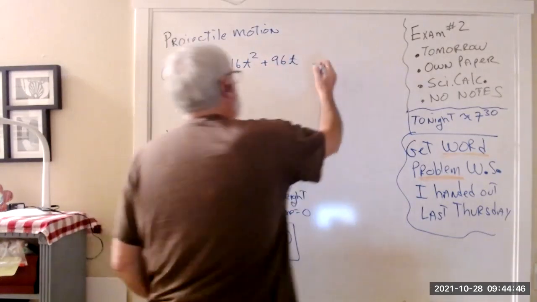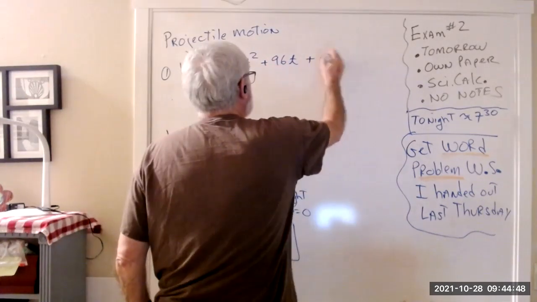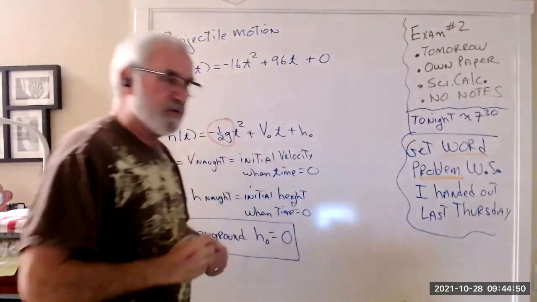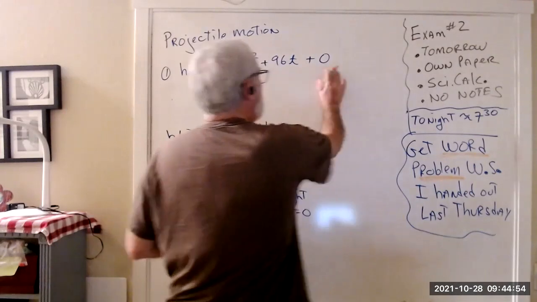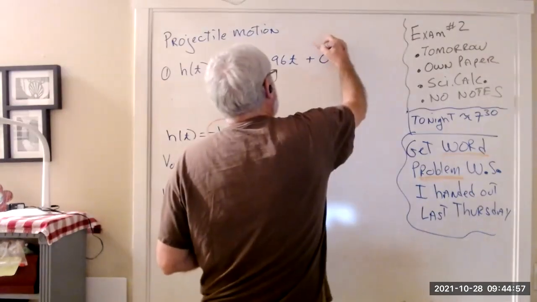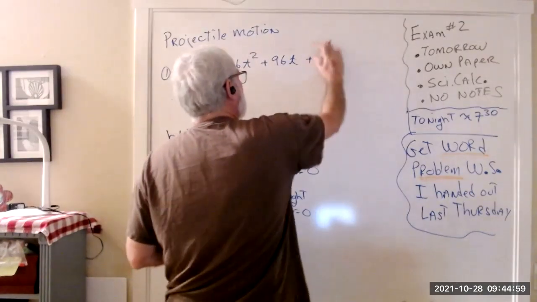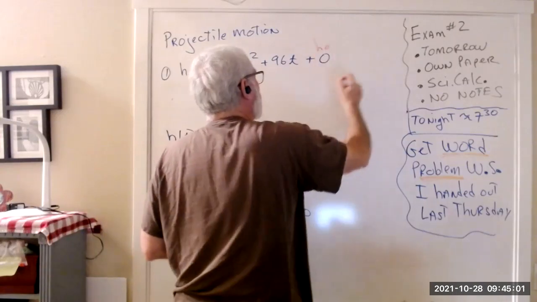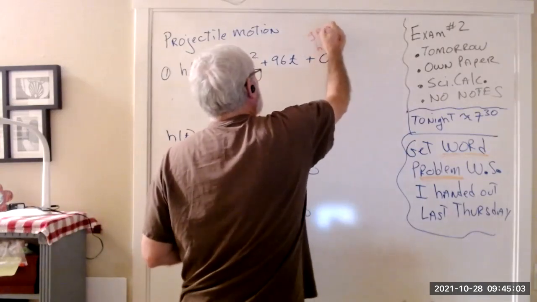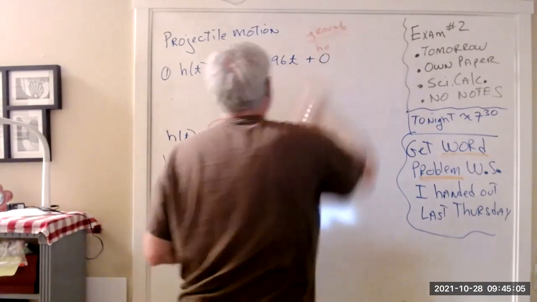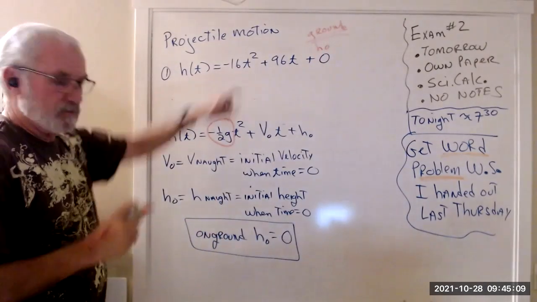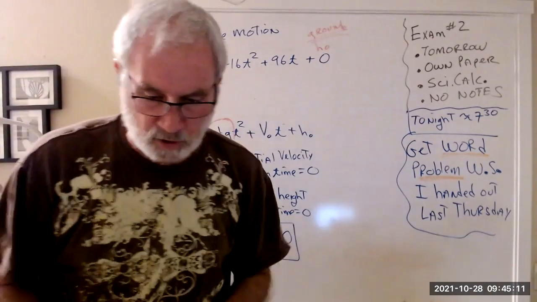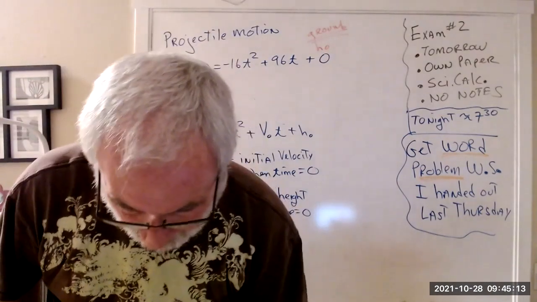And it's assumed to be plus 0 because it said from the ground. Now you don't need to put that in, but you should know that it's implied. That's H naught. That's your on the ground. So I've given you the entire formula here. You don't have to think too much.